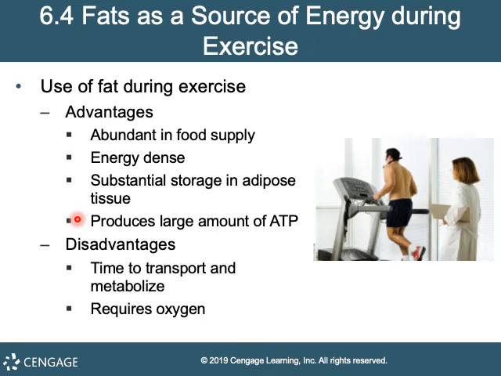And the metabolism of fat leads to a large amount of ATP, about 129 ATP versus 36, 38 ATP from carbohydrate. Disadvantages of using fat for fuel during exercise is it takes some time to transport and metabolize, and it also requires the utilization of oxygen.